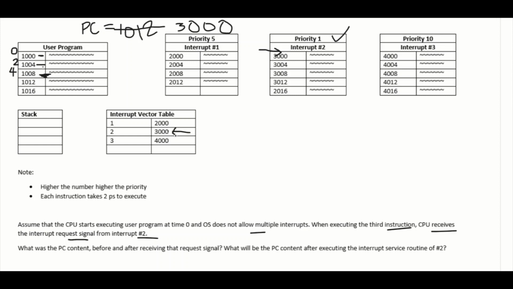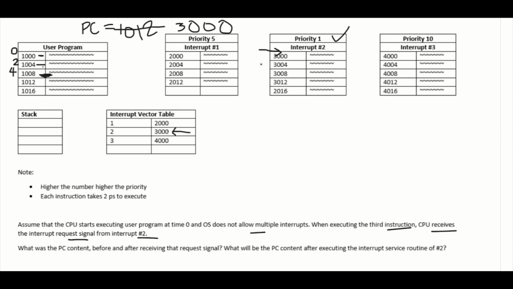Then what is the PC value? While it is executing instruction 3, the PC value was the address of the next instruction. But you see, there was an interrupt request signal. So your PC value will now be changed. After executing instruction 3, you may see the PC value is now 3000.